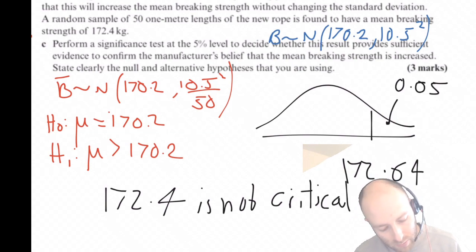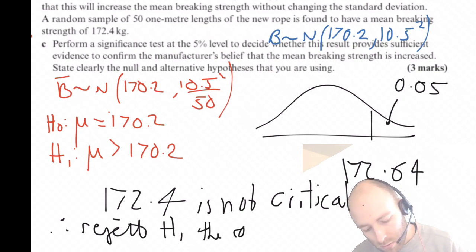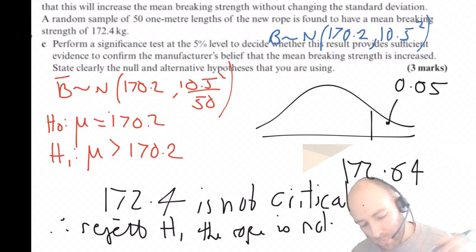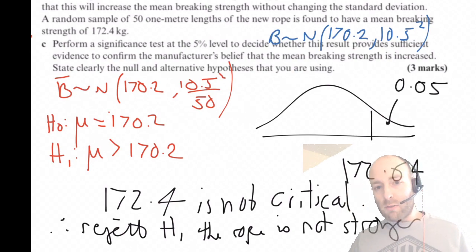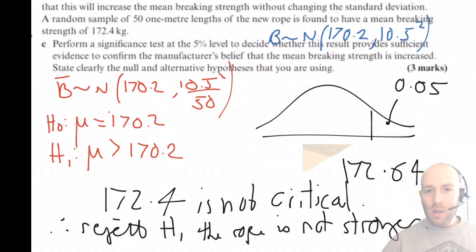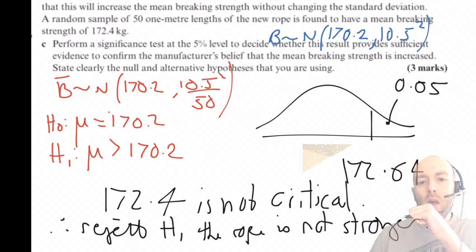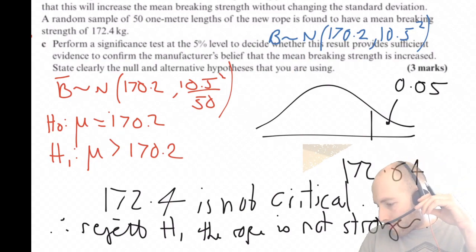Therefore, reject H1. The rope is not stronger. If we were doing a 10% significance level, probably even a 6%, any more percent to include 0.4. But because we got that 0.2 out, then we're not going to be able to confirm their testing.